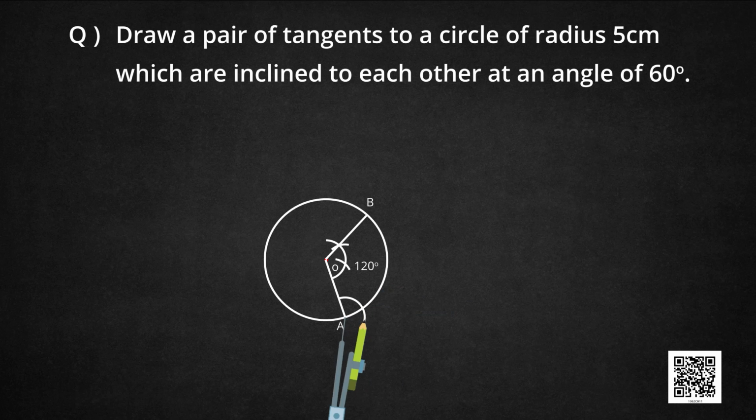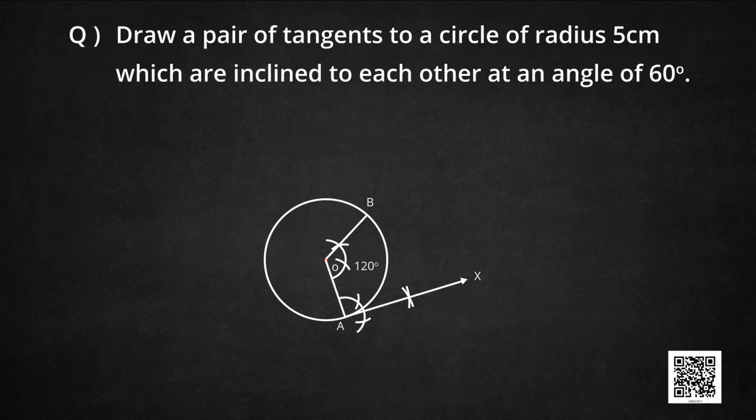Now draw an angle of 90 degrees at point A to get ray AX such that angle XAO is equal to 90 degrees.